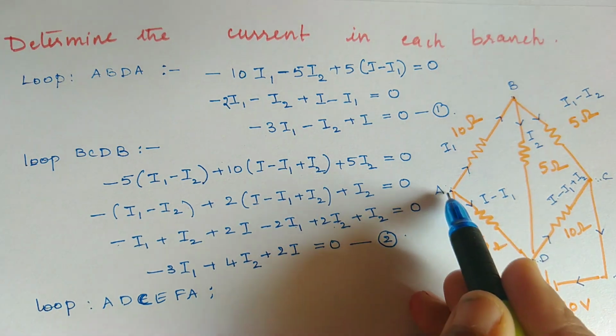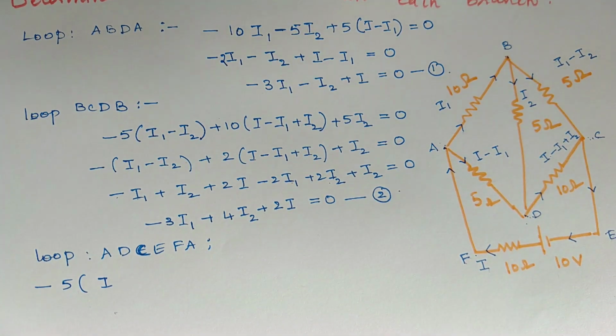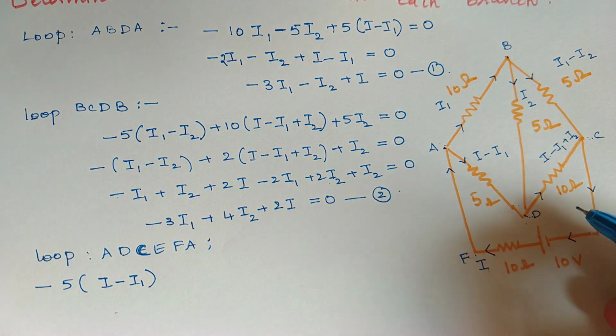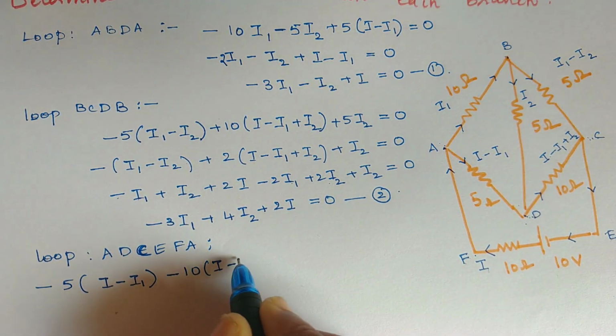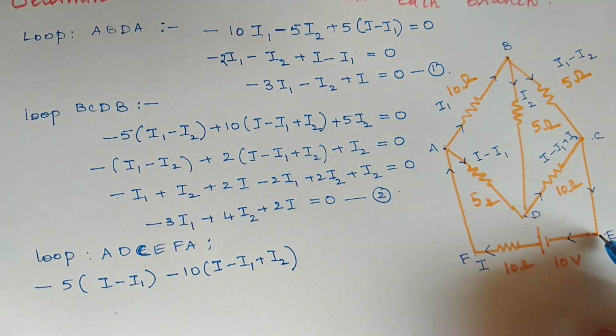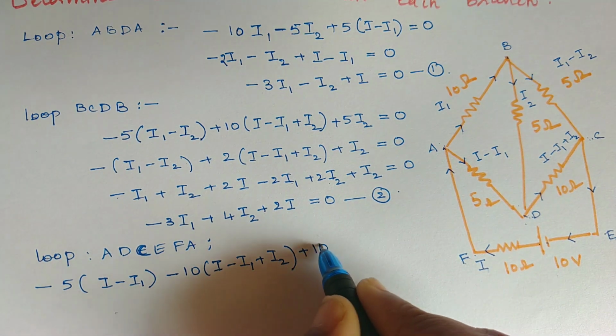Start from A. We are moving in the direction of current, so negative sign. Minus 5 into I minus I1 in the direction. Again in the direction, so minus 10 into I minus I1 plus I2. Now we are crossing the battery, negative to positive should be positive.